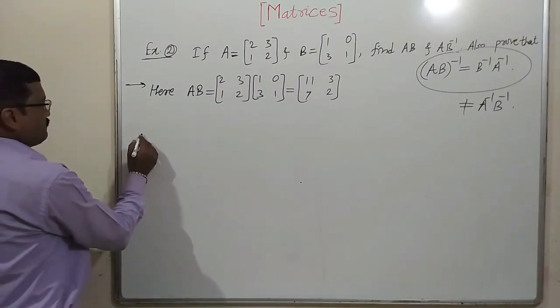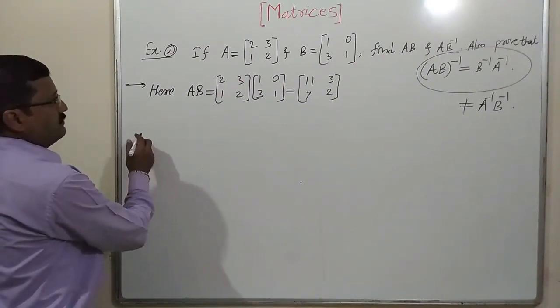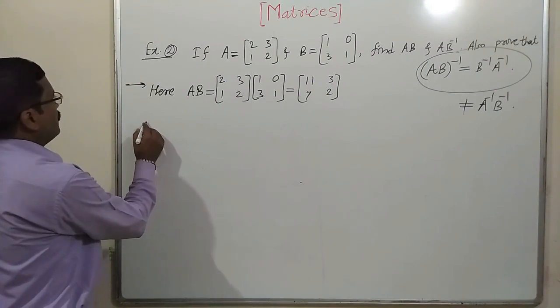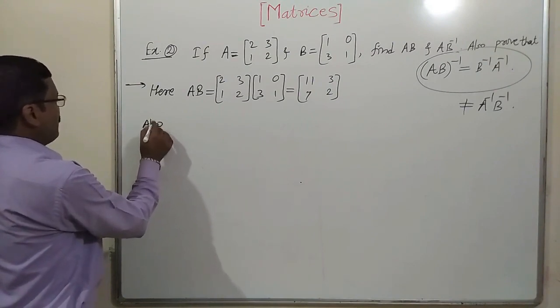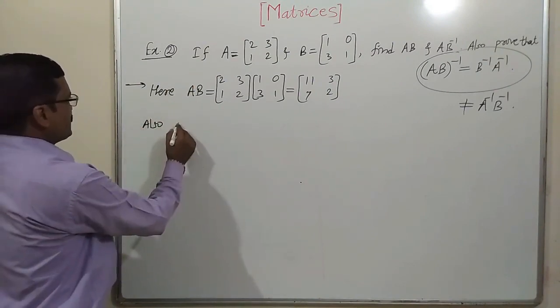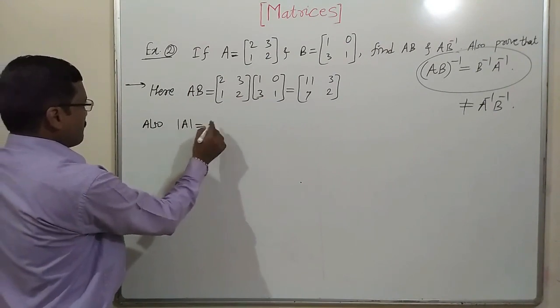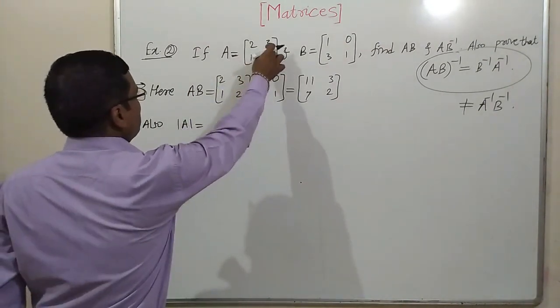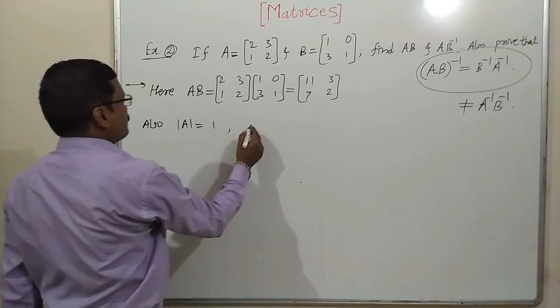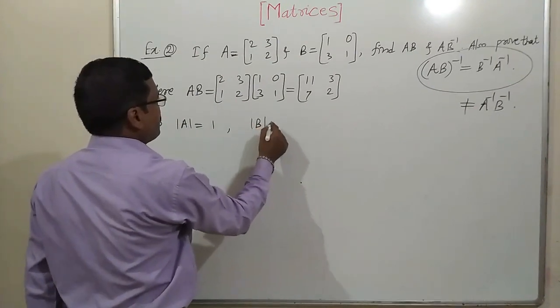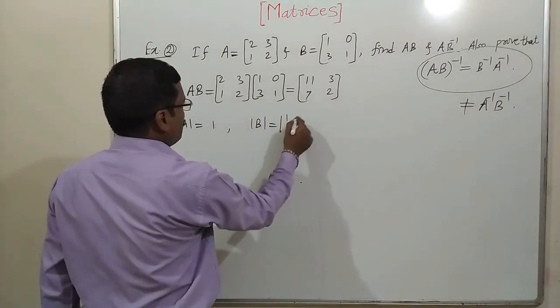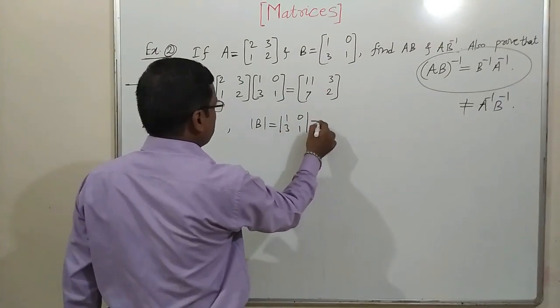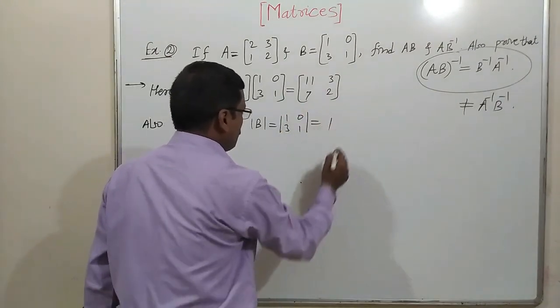Here we will write the inverse of 3 matrices. Before writing the inverse, we will first find the determinant of A, that is equal to 4 minus 3, that is equal to 1. Determinant of B, that is determinant 1 0 3 1, is equal to 1.